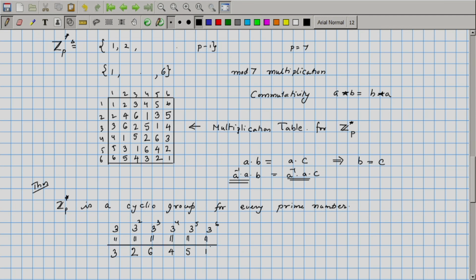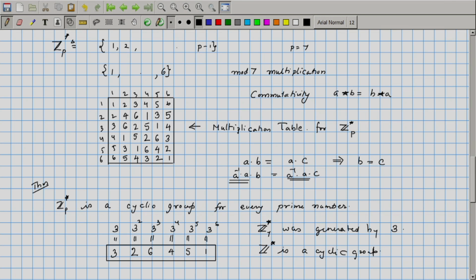So, you can see that all the elements in the group were generated. Z star 7 was generated by 3. Therefore, Z star 7 is a cyclic group.